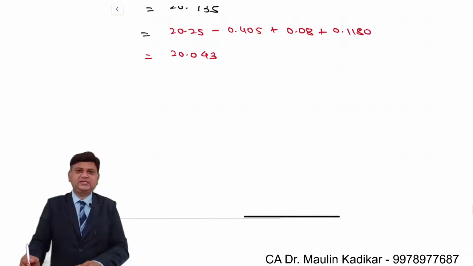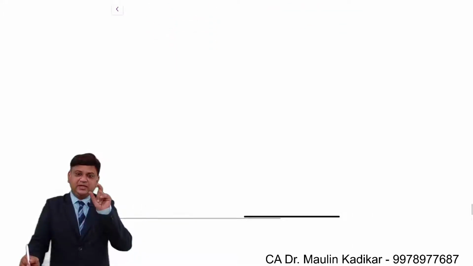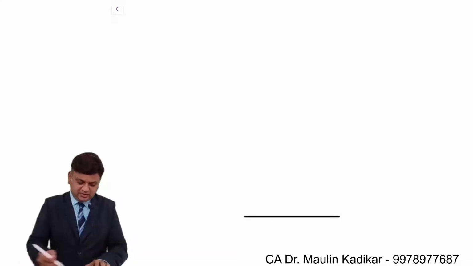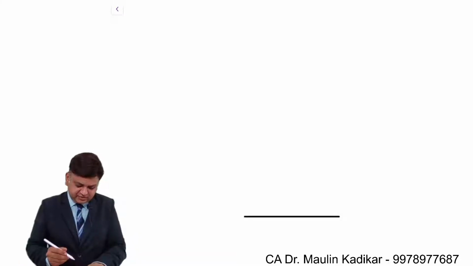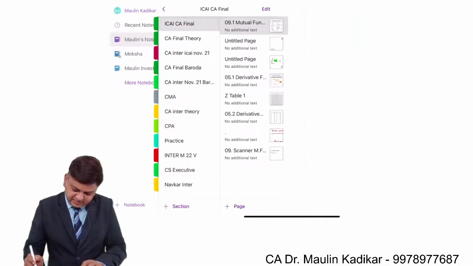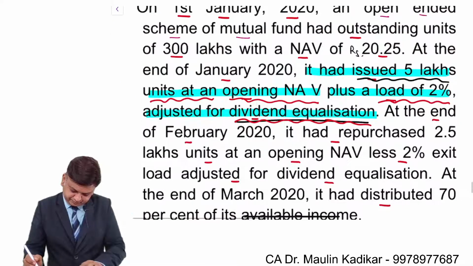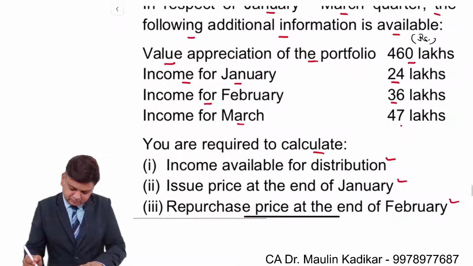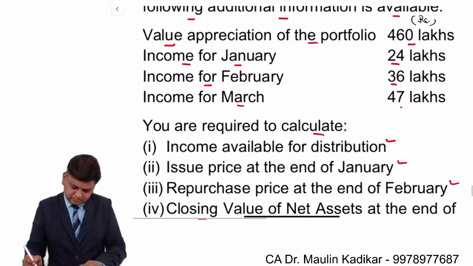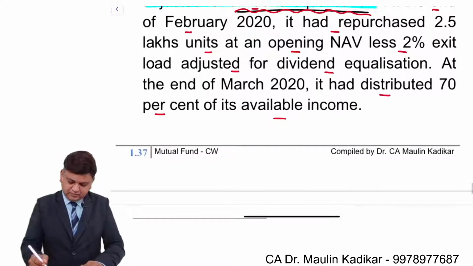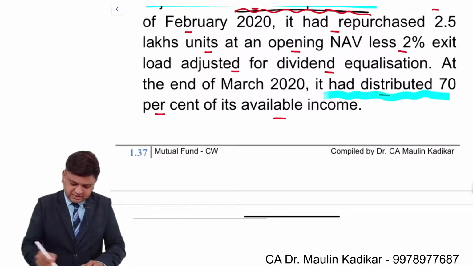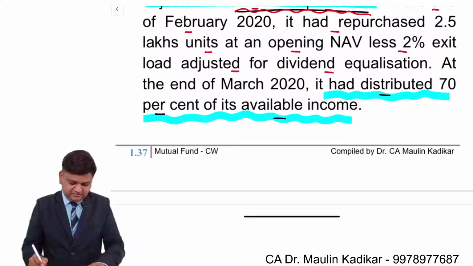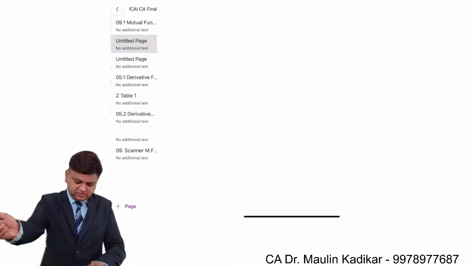Now we understand that the amount of the dividend can be calculated like this. Going again with the language of the question, it specifies that it had distributed 70% of its available income at the end of March.